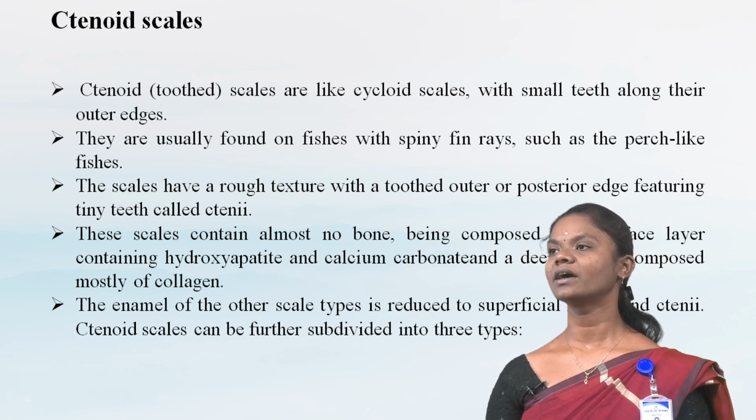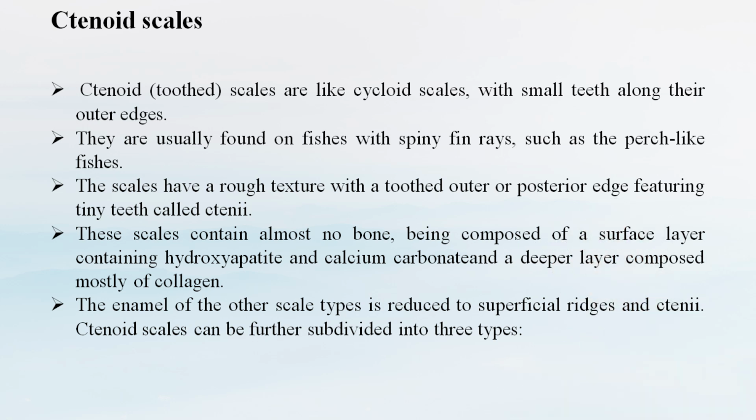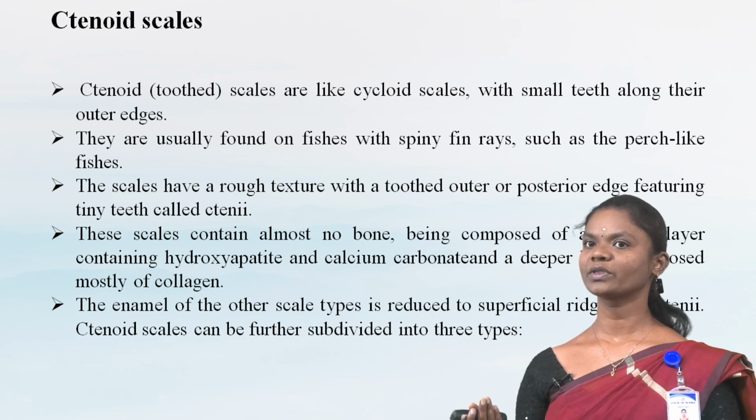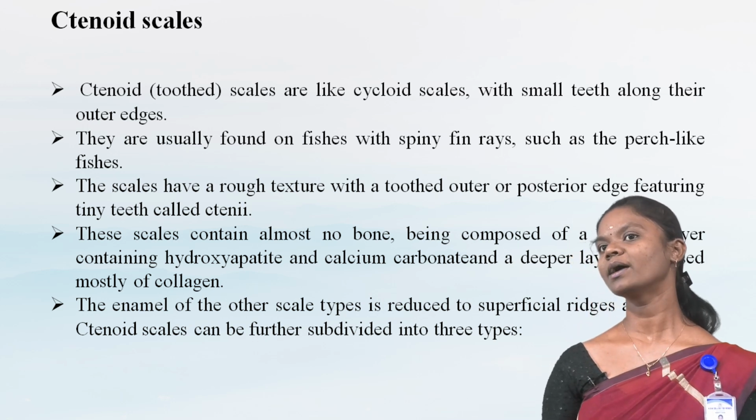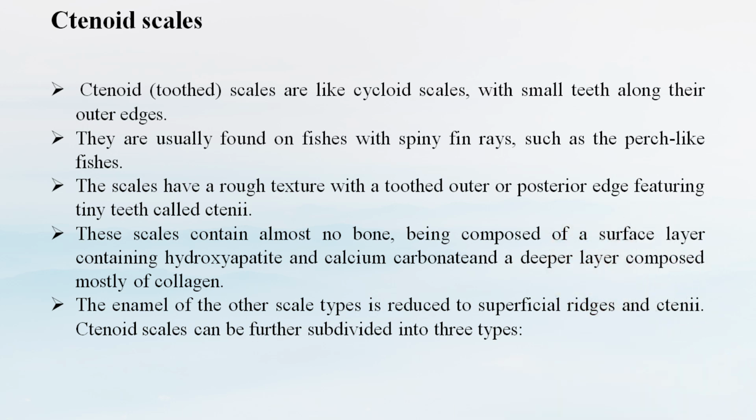These scales contain almost no bone, being composed of a surface layer containing hydroxyapatite and calcium carbonate, and a deeper layer composed mostly of collagen. The enamel of the other scale types is reduced to superficial ridges and tiny teeth.